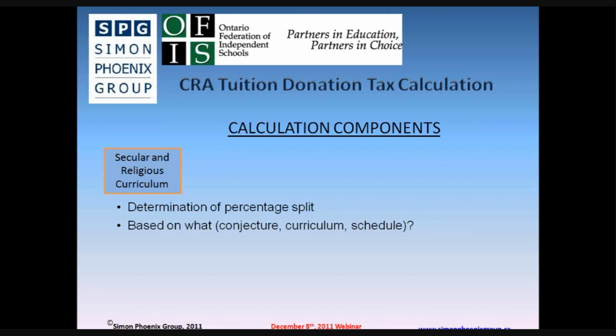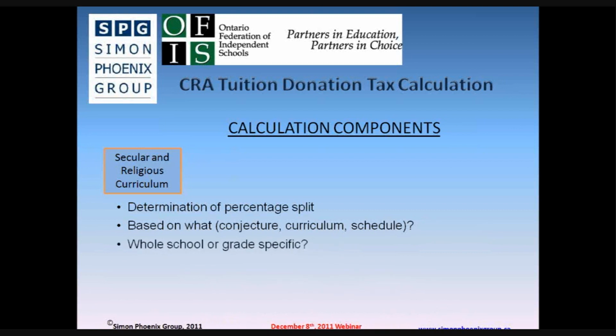Is it going to be based on where the students are spending their time in the day? Is it going to be based on your curriculum? Is it going to be based on having your costs between religious and secular allocated out on an account-by-account basis? How are you going to do it? I would probably hazard a guess that for most schools it's going to be a mixture. And again, it's particular to each school, and I'll get into this in a little bit more detail as we go through the presentation.